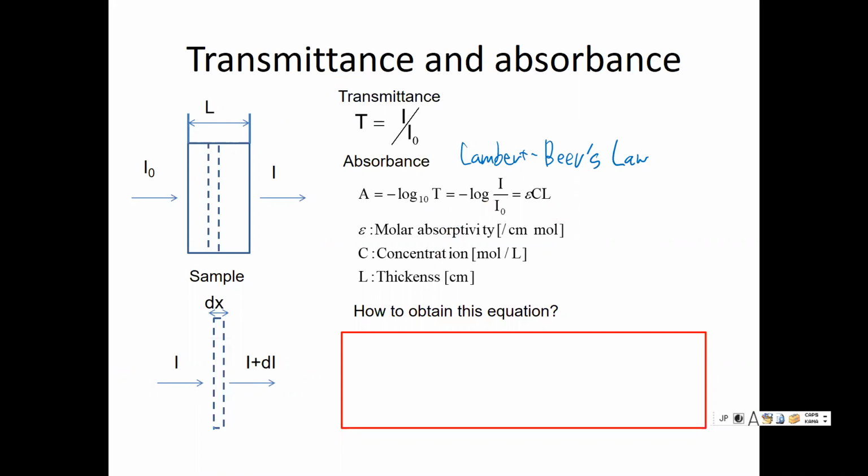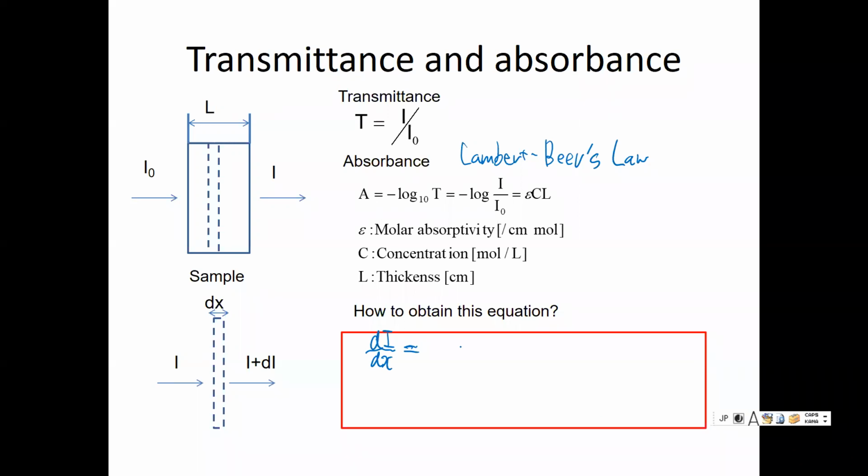Okay, let's think about this. Now, we need to understand dI over dx. So how much the light intensity changes during the propagation in dx, which property do you think it is proportional to?